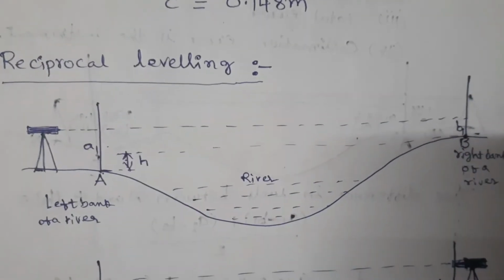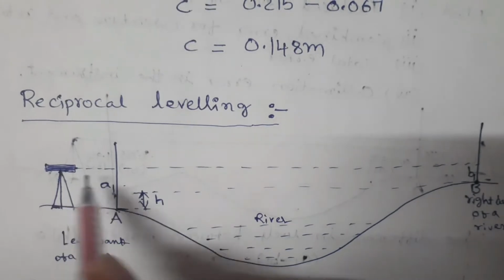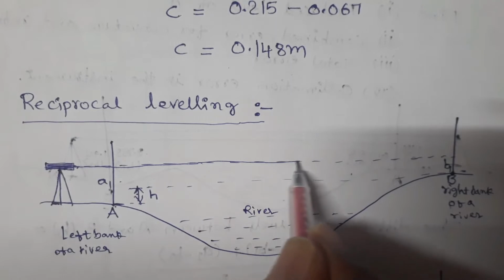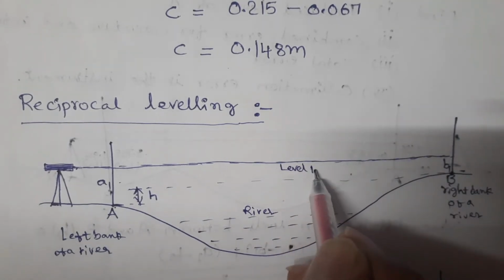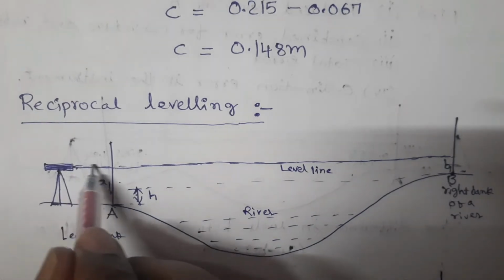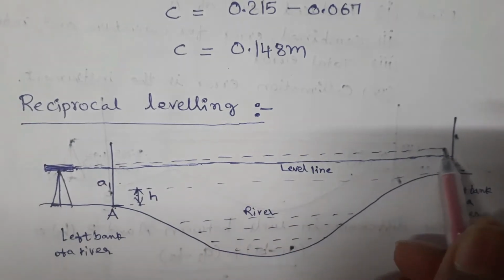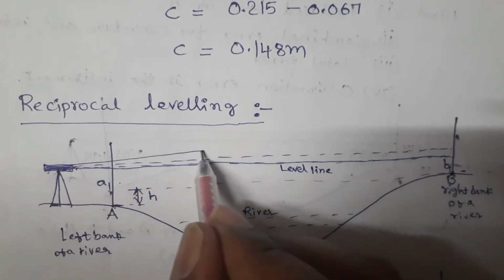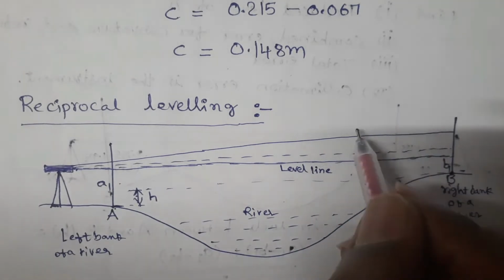But considering the line of collimation, if it is a level line, this may be the horizontal line, and this is the line of collimation.